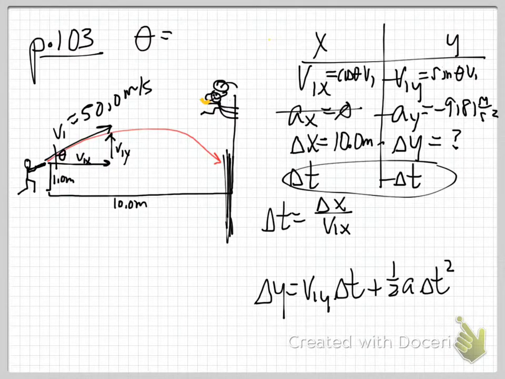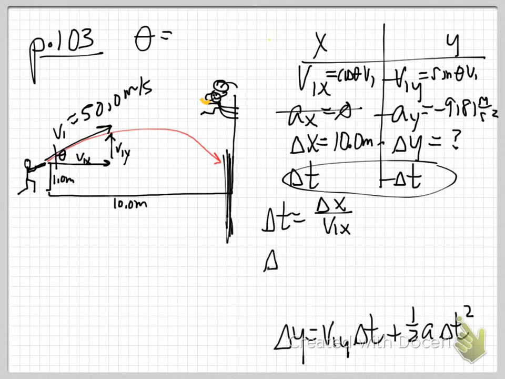So this is a good time to put in our expressions for VIY and VIX. I'm going to move this down and out of the way a little bit. What we're saying here is that delta t is delta x over cosine theta VI.